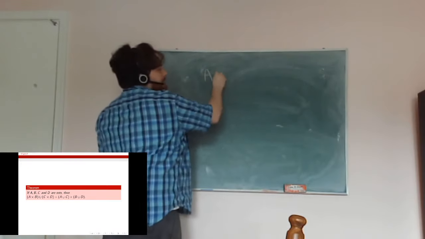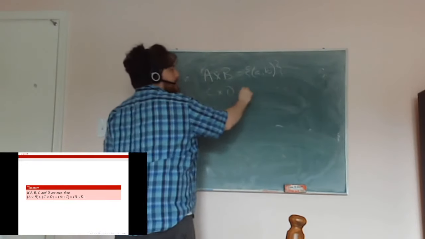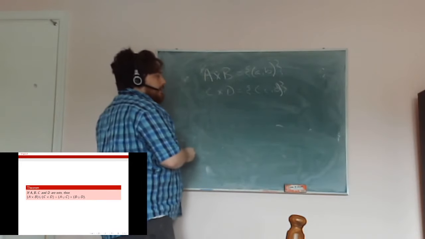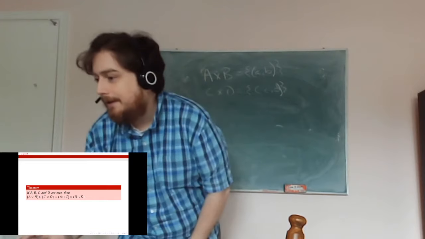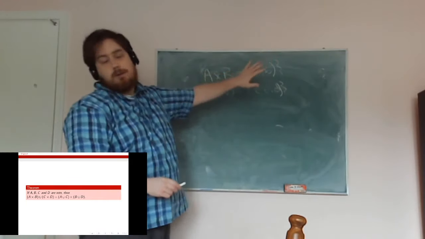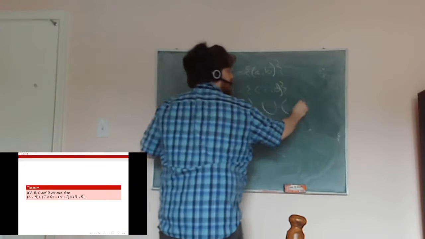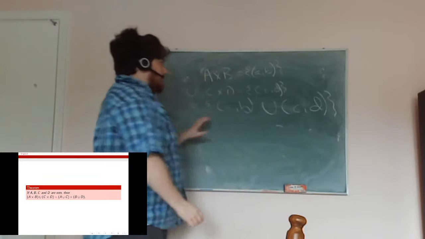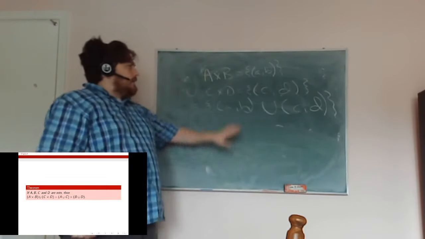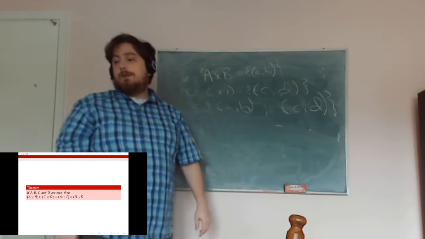A cross B is just the single ordered pair AB, and C cross D is a single ordered pair CD, because I'm just letting my sets be the single elements A, B, C, D. So on the one hand, A cross B union C cross D: the union of these two is the set consisting of AB and CD. I have two elements.